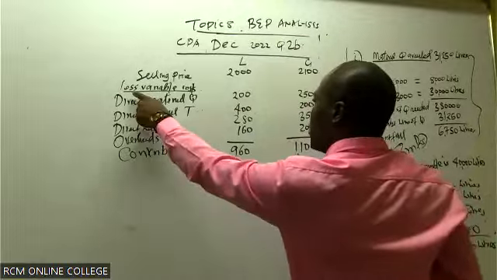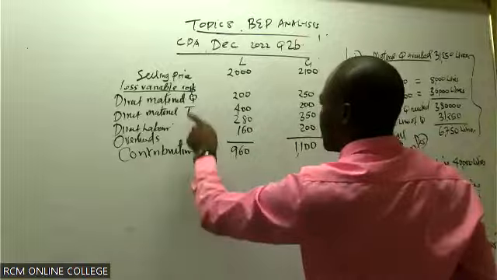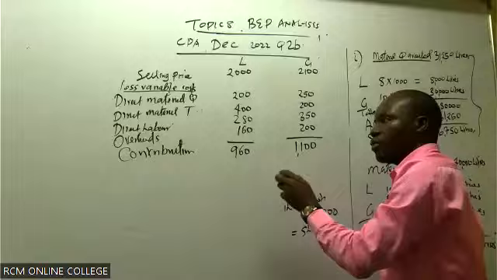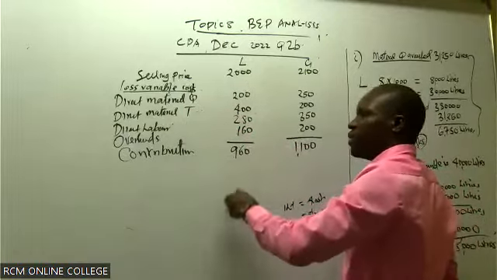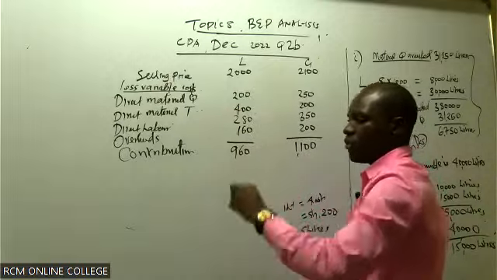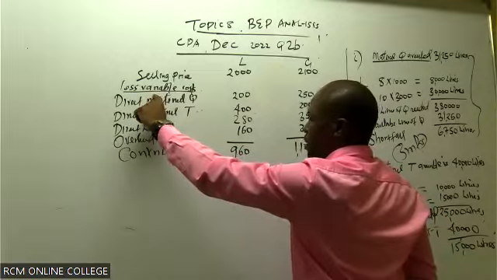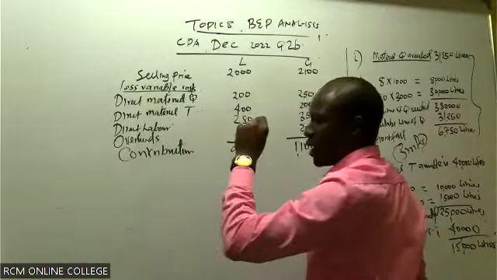Material Q, if you come to variable cost, it is, if you come to contribution, it is selling price less variable cost. The variable cost, we have direct material, we have direct labor, we have variable production overheads. And direct materials are here, 2 different materials. Both of them are going to form part of the product cost.